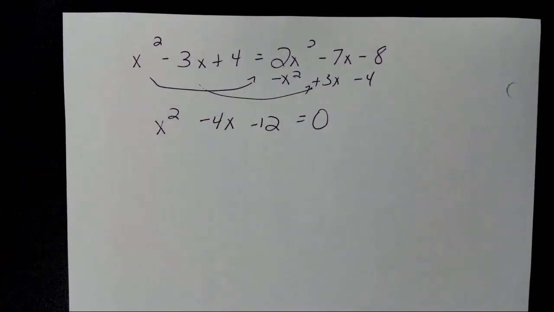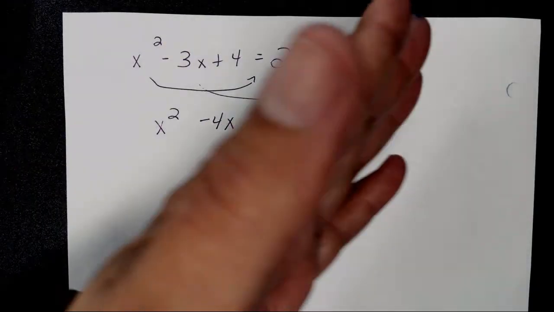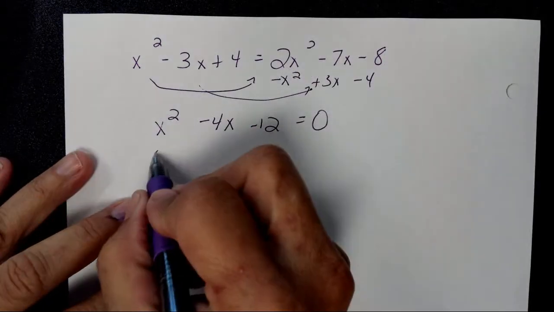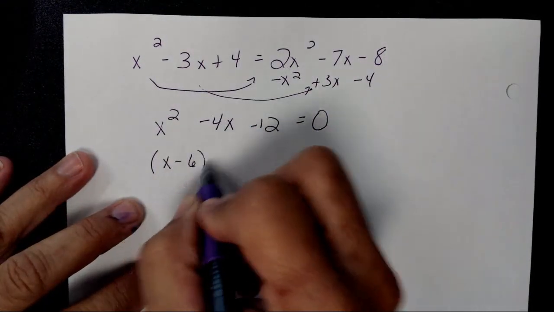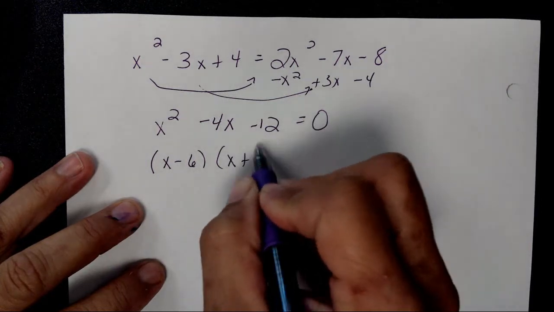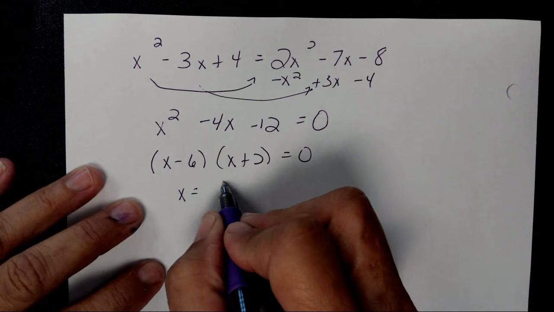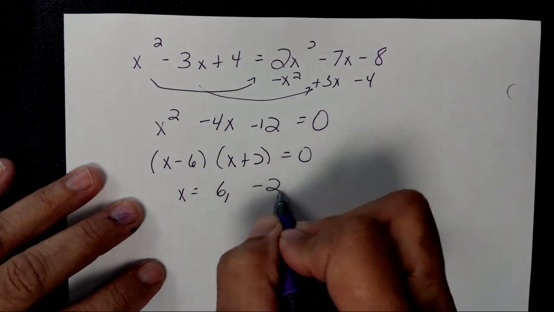Now, does it matter that even though I drug everything over there that I wrote it backwards? I mean, is 0 equals that the same as that equals 0? All right, well, let's factor. What? Negative 6 and positive 2. Which then makes my solution 6 and negative 2.